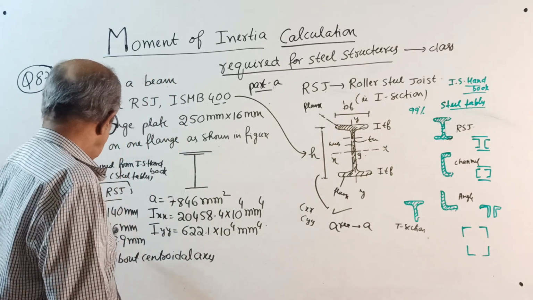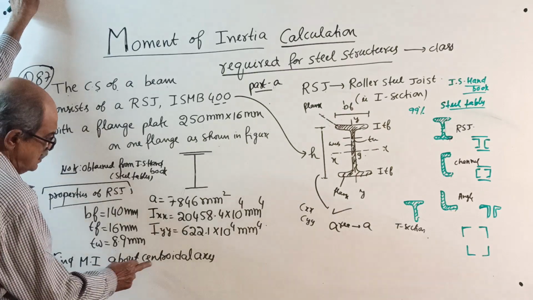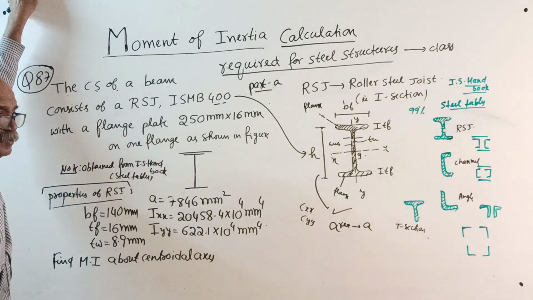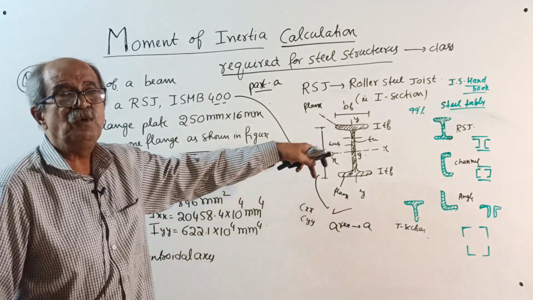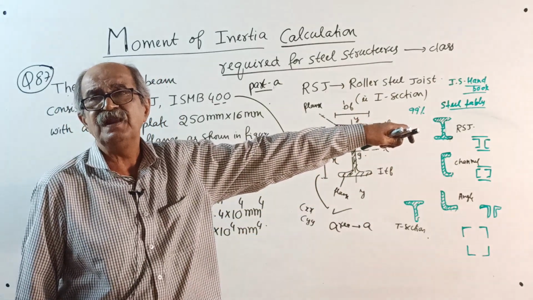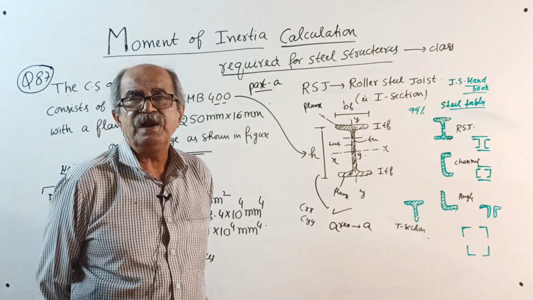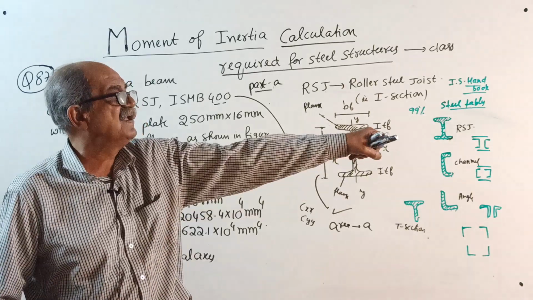Now, the question is to find the moment of inertia about the centroidal axes XX and YY. If it is a beam question, you require only I about the XX axis, the horizontal axis. YY is not required. But if it is a column section, you require both XX and YY.